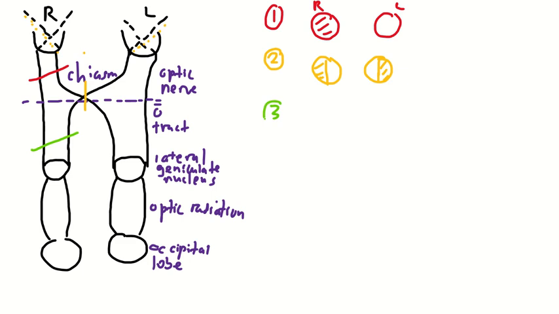So let us see how it goes. Okay, you will see that this is the temporal on the left side. How about the right side? The right side is the nasal.